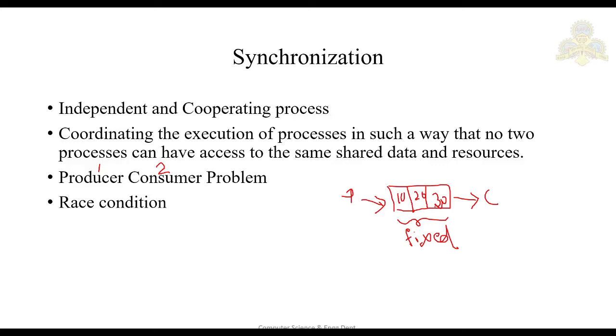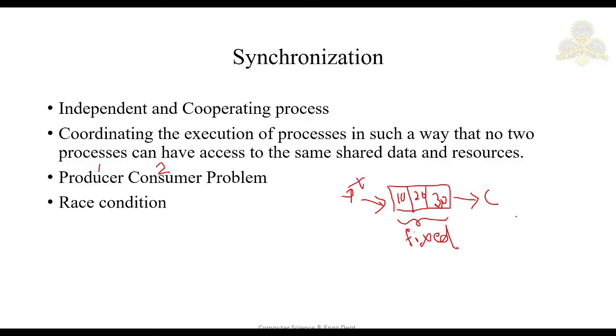So here the size is 3. That means your producer process can produce 3 items and keep them in the buffer. It cannot create a fourth item and put it here. Why? Because there is no space, right? So one limitation is that the producer process has to produce the item only when the buffer is not full. Whenever the buffer is full, it should not create any item.